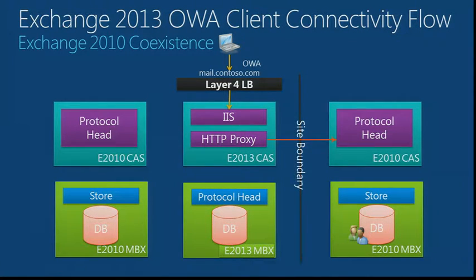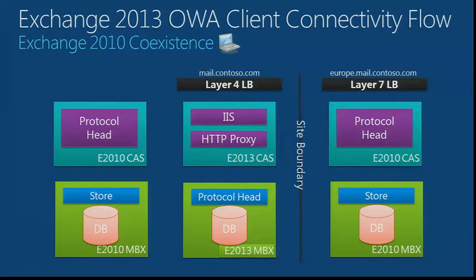The 2013 CAS recognizes that this is a 2010 mailbox, and through discovery, finds out that the mailbox is located on the server in the other site. And so it does the cross-site proxy request to proxy that over to the 2010 CAS, which gets the data from the 2010 mailbox server. Okay? Again, a very, very simple connectivity and communication flow.